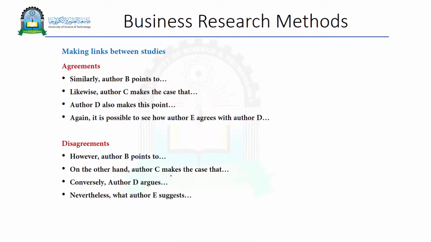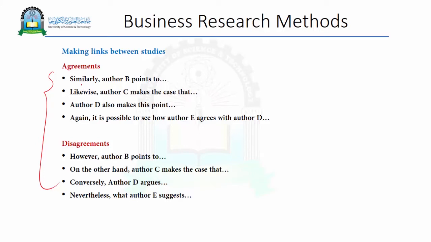To make links between studies, there are a lot of links. This is something related to the language and how to write and how to make the writing cohesive and coherent. So when you review and with the critiques, you need to talk about agreements, disagreements.